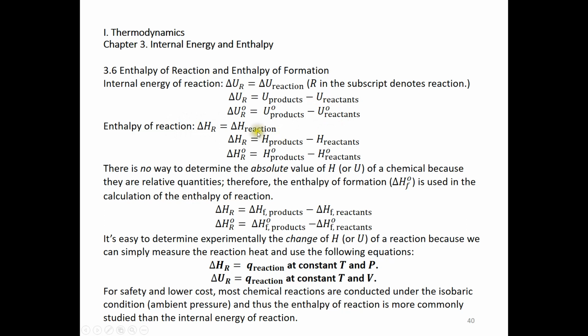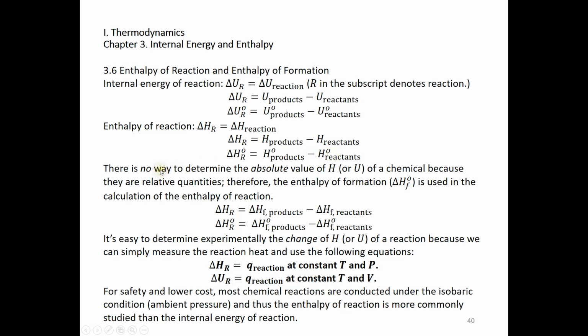Same for enthalpy. If you look at this, it simply tells you the enthalpy of reaction is equal to the enthalpy of products minus the enthalpy of reactants. And again, we can specifically put a superscript naught here for all three terms. So this means the standard enthalpy of reaction is the enthalpy of products in the standard state minus the enthalpy of reactants in the standard state.